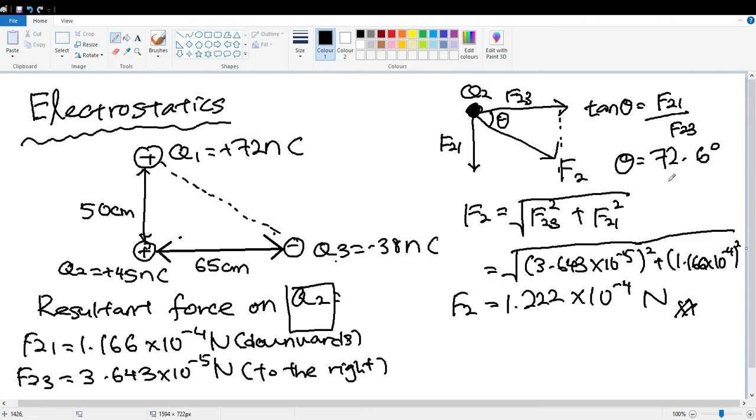So this is the direction, from the horizontal. So this is the angle. Alright, so this is how we find the electrostatic force in the form of two components, the vertical component and the horizontal component. Alright, so we have done all the electrostatic force parts.